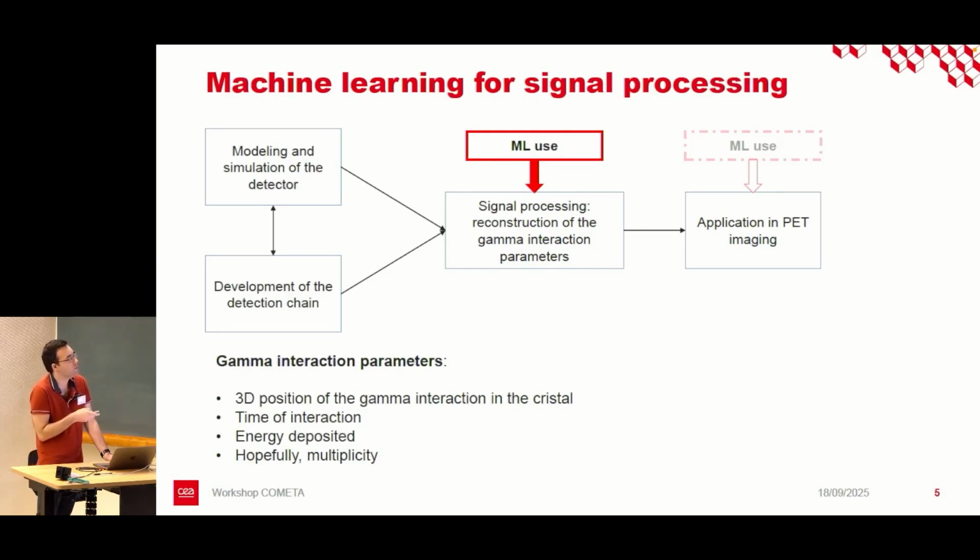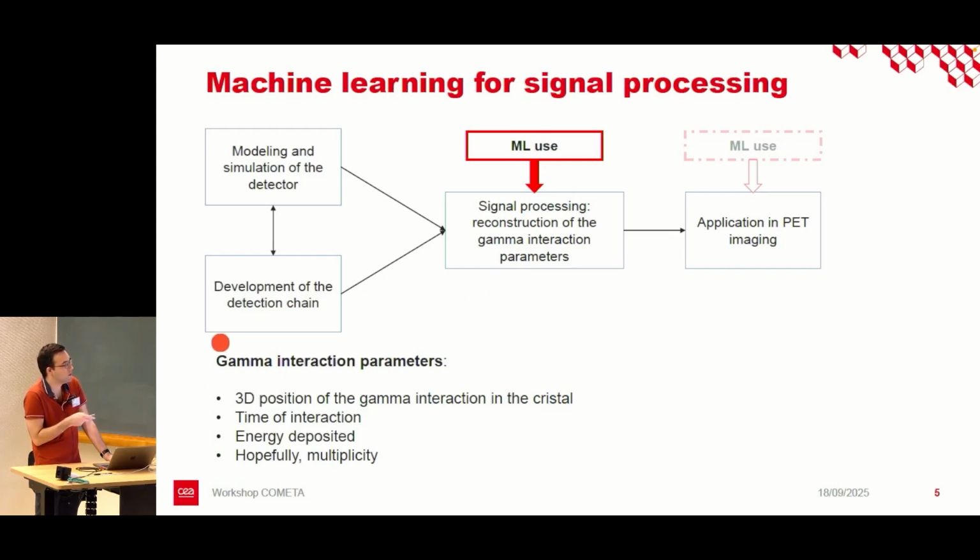So here we have a pipeline where we want to model and simulate the detector to represent the detection chain, so that there is a modelization to understand how the processes happen inside the detector: the gamma ray interaction, the scintillation process, the production of the signals. And then by using these simulations, we can train a machine learning algorithm to try to reconstruct the interaction parameters.